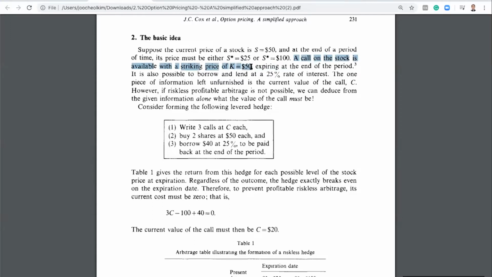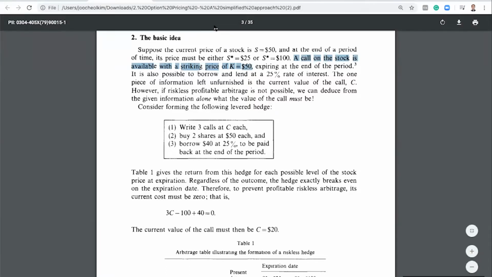So let's suppose that we have a call option, and that call option has a strike price of K, and K is 50. Before I move on, just think about the payoff of this call option.